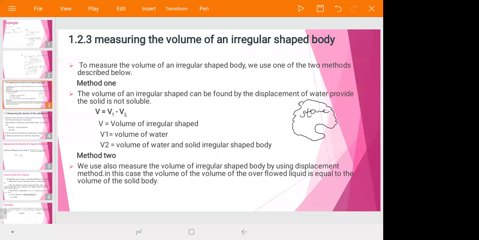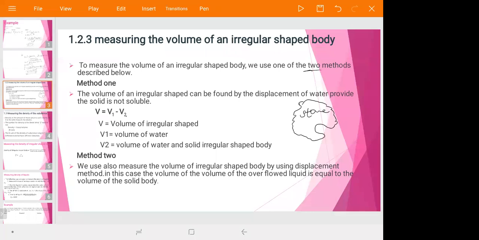Especially, we will see two methods. In short, to measure the volume of an irregular shaped body, we use one of the two methods. Let us see one by one. For example, the volume of an irregular shape can be found by the displacement of water provided to the solid.